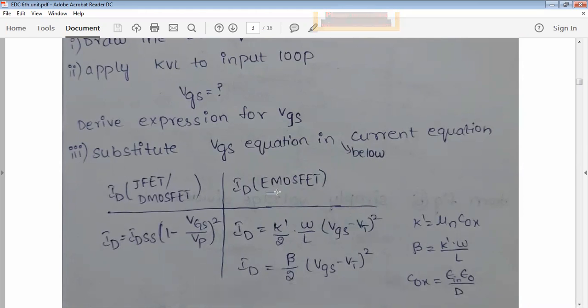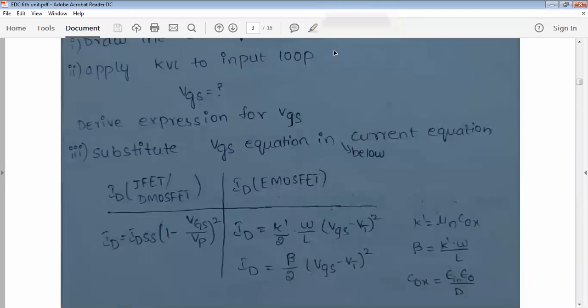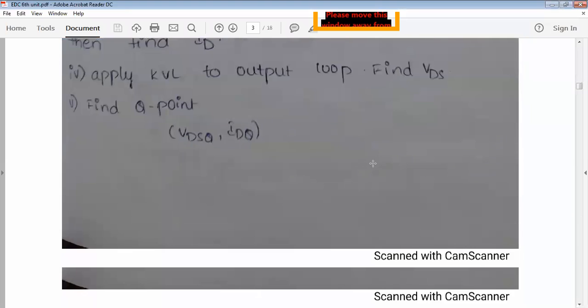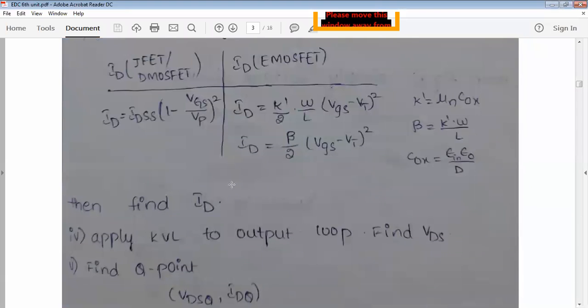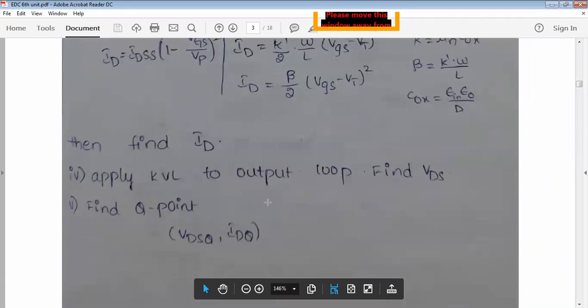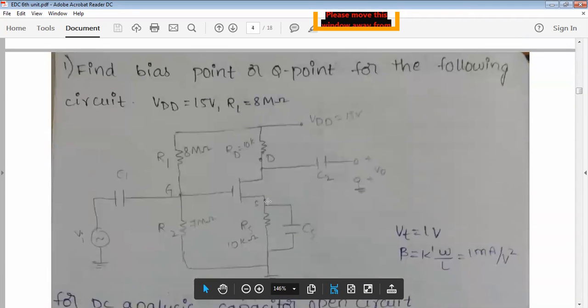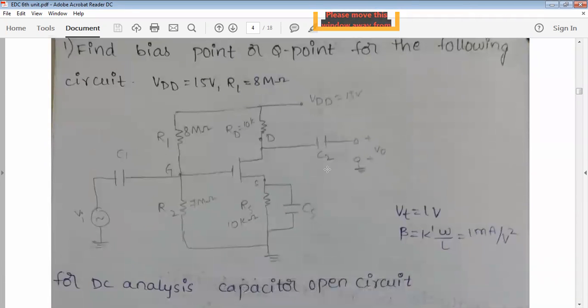Here, coming to the enhancement mode MOSFET, we are assuming that the device operates in the saturation region. Once you know VGS and ID, apply KVL to the output loop and find VDS.